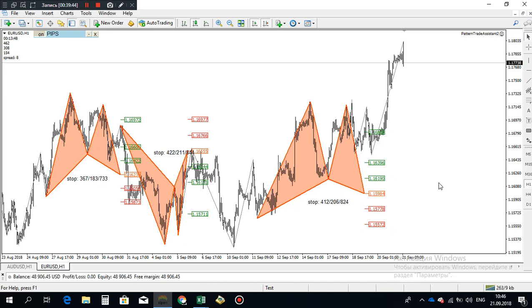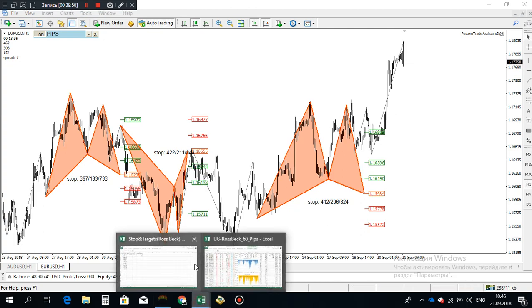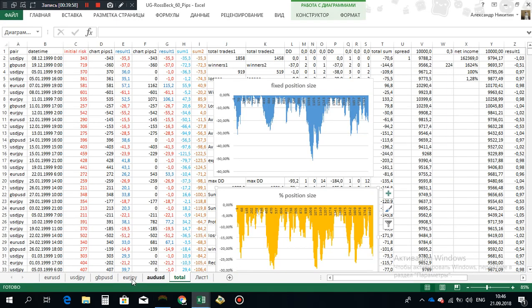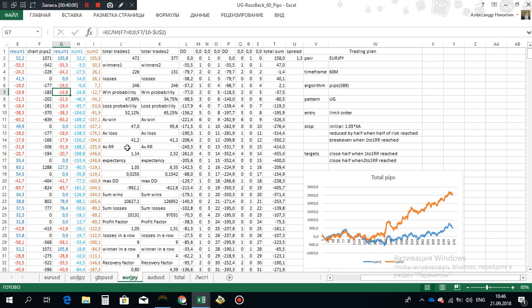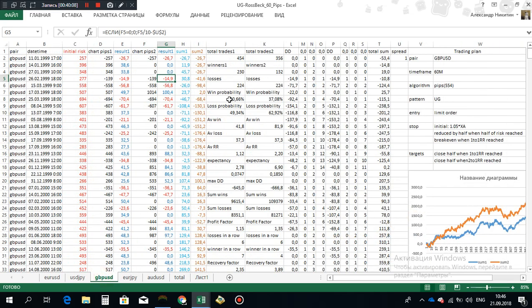It draws the pattern according to the calculation, according to the algorithm, and if the price goes there, then we have a probability of a win or a loss, and this probability is calculated in my back tests. So this is the probability of win for the first target, and for the second target.